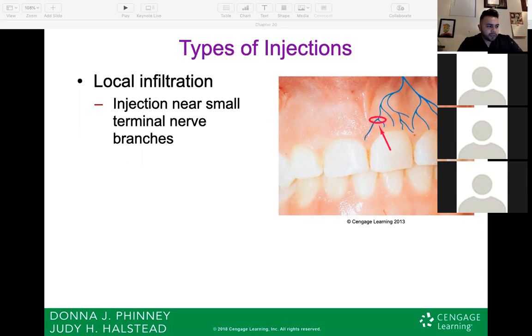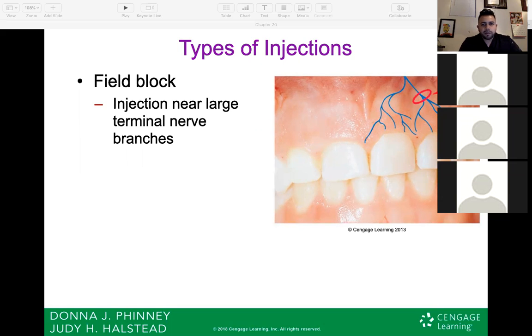Local infiltration is used for various dental treatments, including root planing, soft tissue inclusions, biopsies, gingivectomies, and frenectomies. Next, we have a field block, which is the injection near the large terminal nerve branches. So this is just one more branch up from the local infiltration.